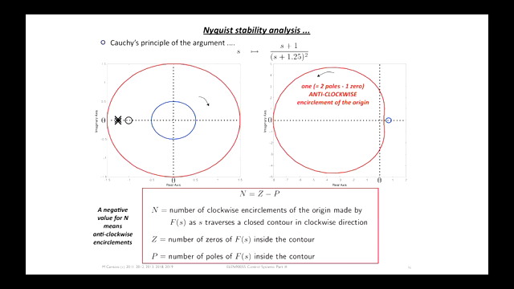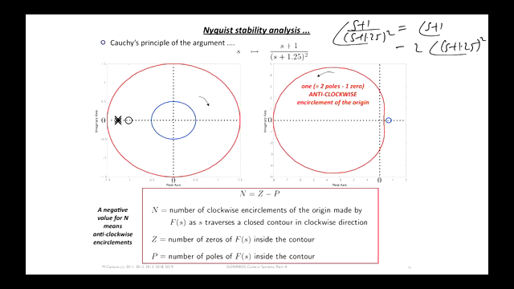When you're looking at the phase of a rational function, it's just the sum of the phases. And what we're doing when we're counting the encirclements of the origin of the curve produced as we evaluate the function along points here is just keeping track of the net change in phase.